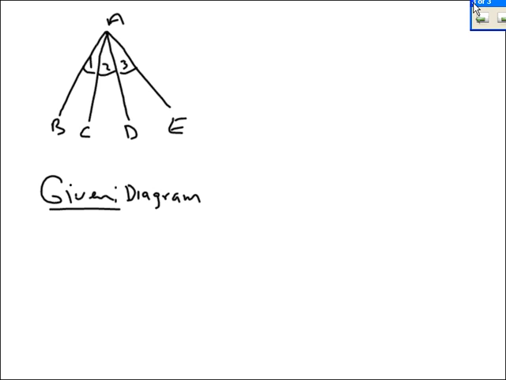You're also given that angle 1 is, say, 25 degrees. Angle 2 is 45 degrees. Let's put the degree symbol. And angle 3 is 20 degrees.